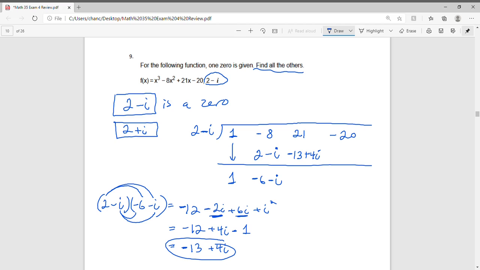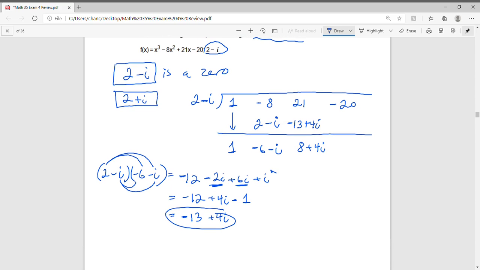That's going to give us 8 plus 4i. Then we'll have to multiply 2 minus i times 8 plus 4i. Again, we'll do the scratch work here on the left side. 2 minus i times 8 plus 4i. This is going to give us 16. 2 times 4i is 8i.